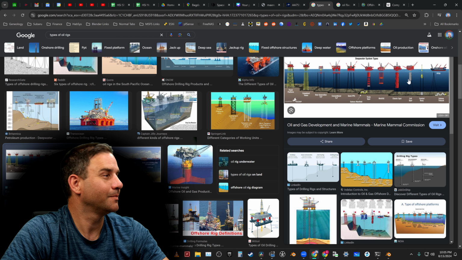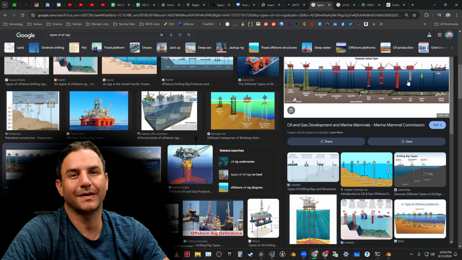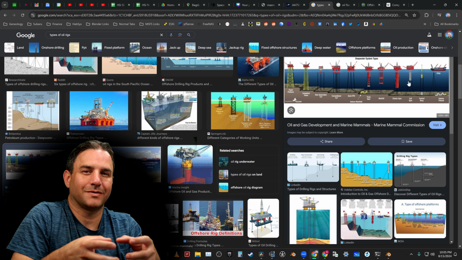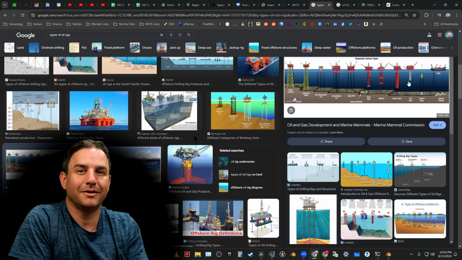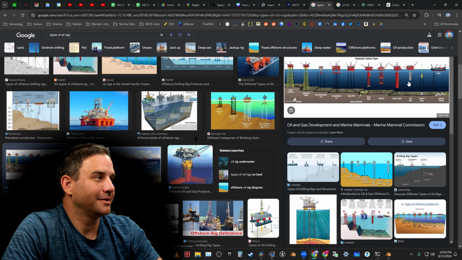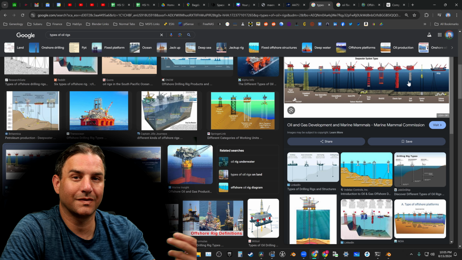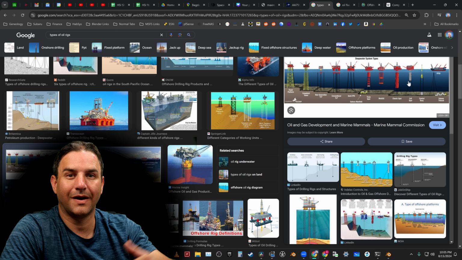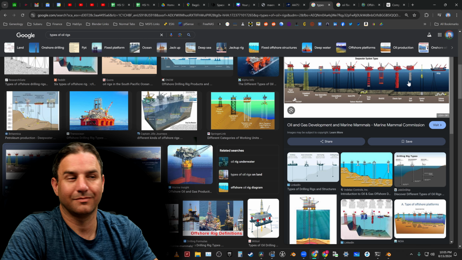Those are cool too. It's like a spar, but it has multiple spars connected to each other side by side. And yeah, it's more resilient. If one gets damaged, hopefully the whole entire island doesn't sink.